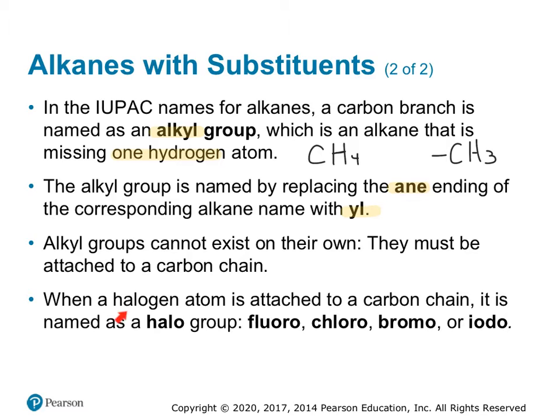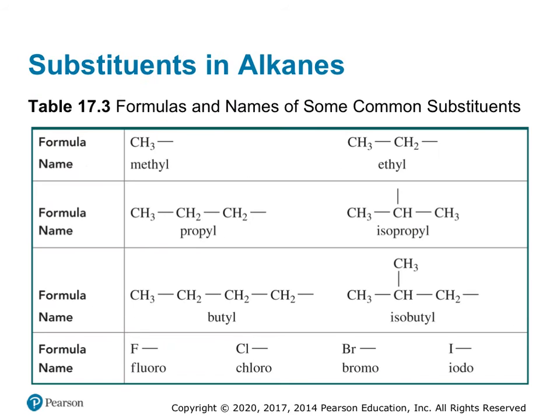We can also attach halogen atoms to the carbon chain, and they are known as a halo group, and we name those fluoro, chloro, bromo, and iodo. These are some common substituent groups and their formulas and names.